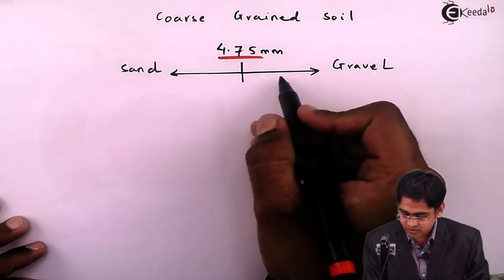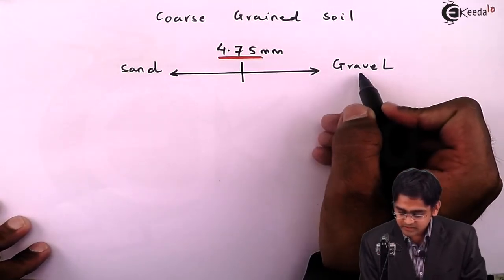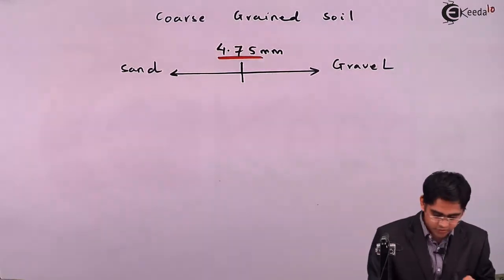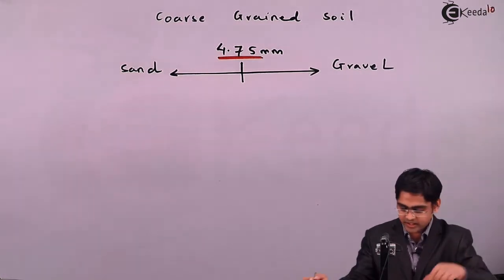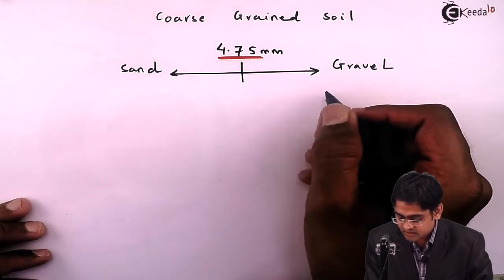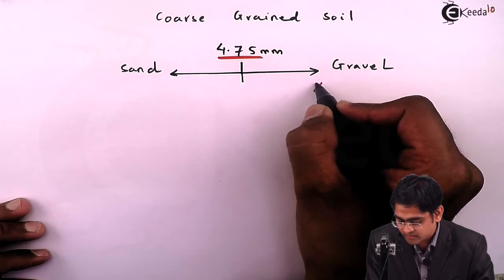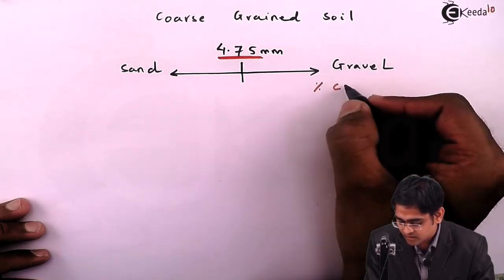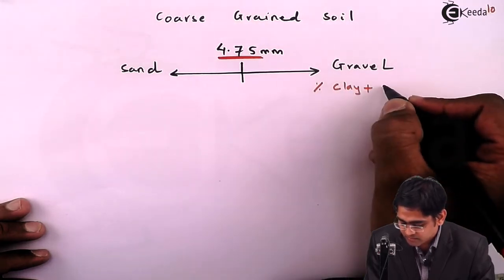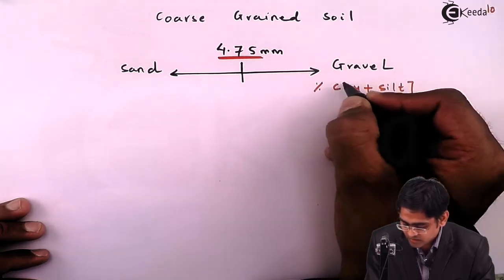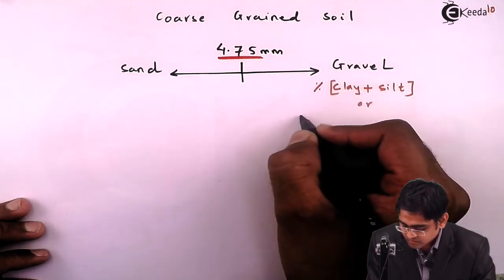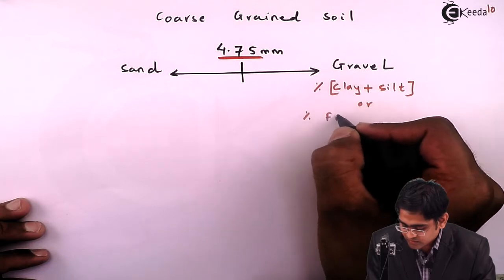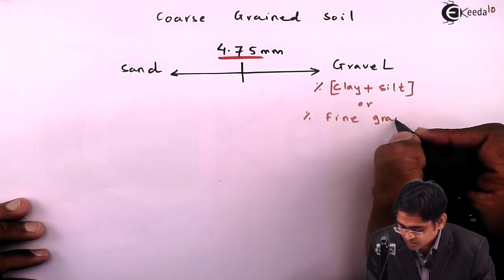Once you know the soil is either gravel or sand, you need to again use the percentage finer than 75 micron, that means percentage of clay plus silt, or I will call it percentage of fine grained soil.